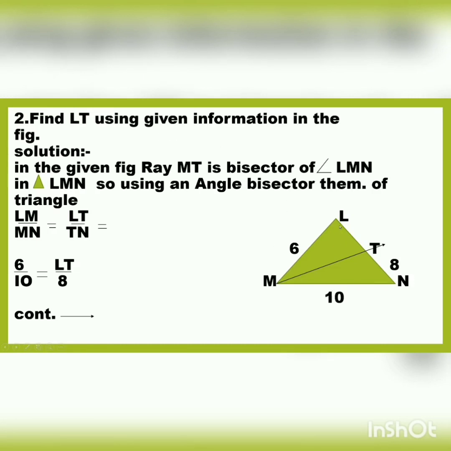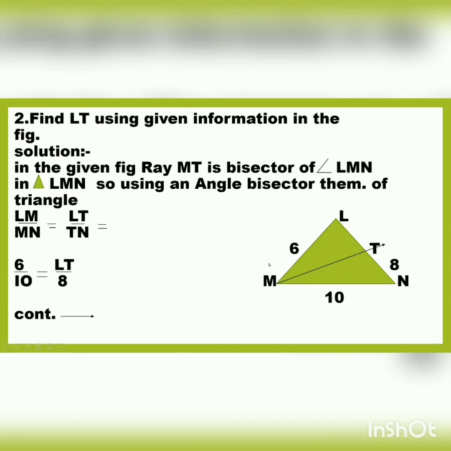From the figure diagram, we say MT is a bisector. So in this question, you have to use the angle bisector property. So write down here, in the given figure, MT is a bisector of angle LMN.